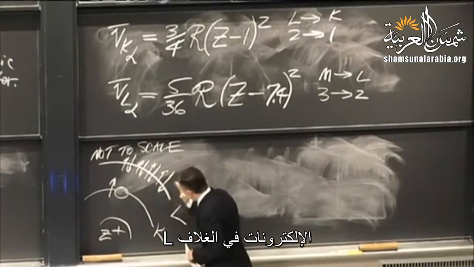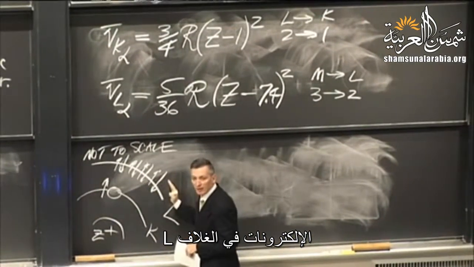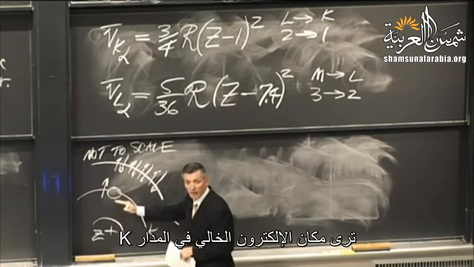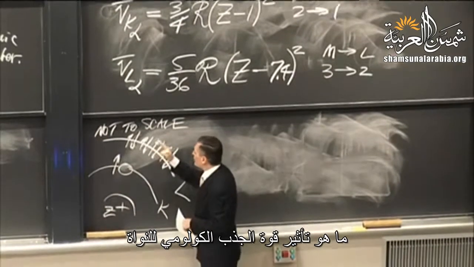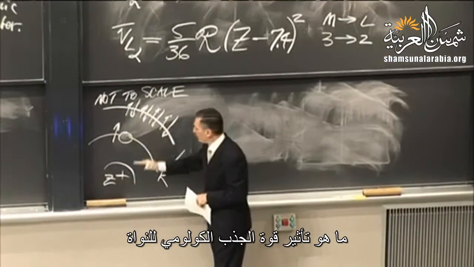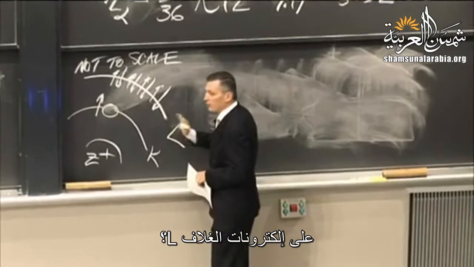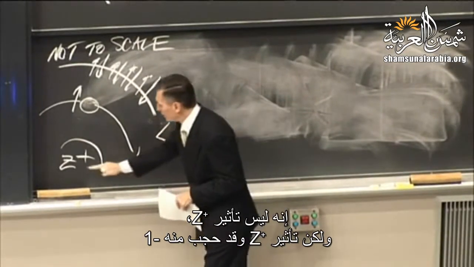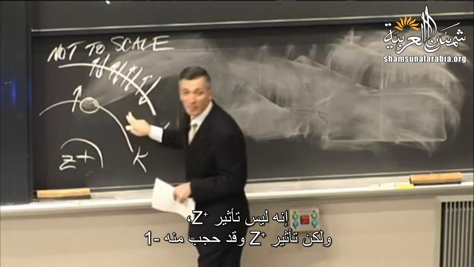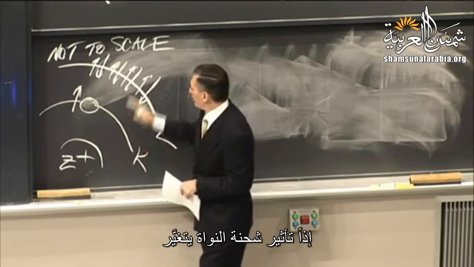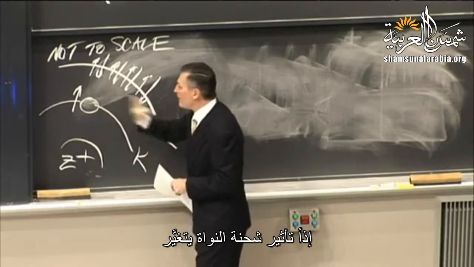So, consider the electrons in the L shell. They see the electron vacancy in the K shell, and they're going to fall down. What's the Coulombic pull of the nucleus on the L shell electrons? Can you see that it's not Z plus, but it's Z plus screened by 1 minus? So the nuclear charge is mediated.